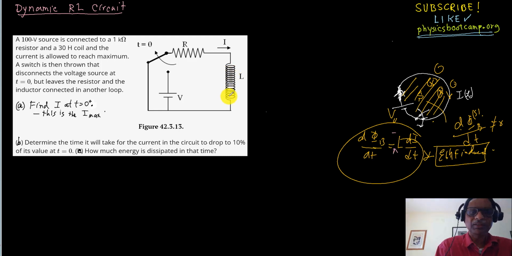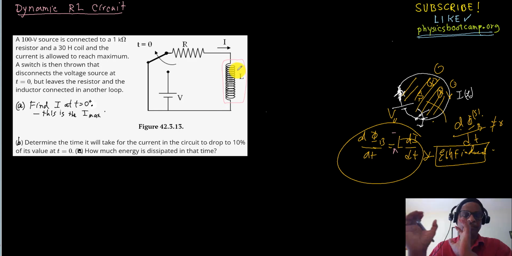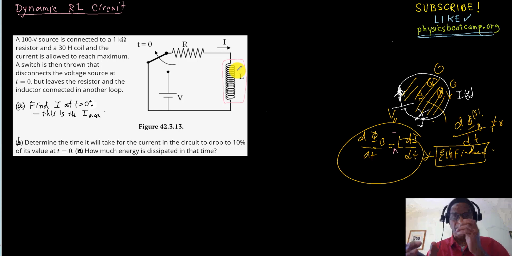So here you can have any circuit, but when you write something like that, this part is considered, all the self-inductance part of the circuit is put together in one block.